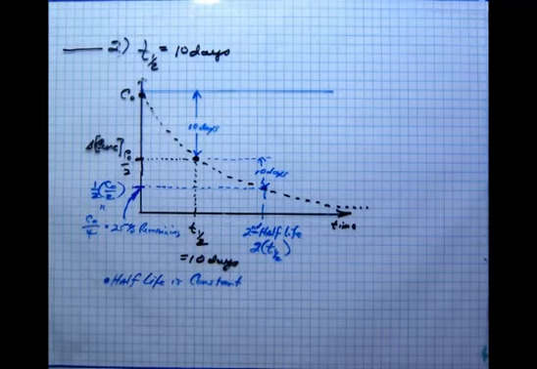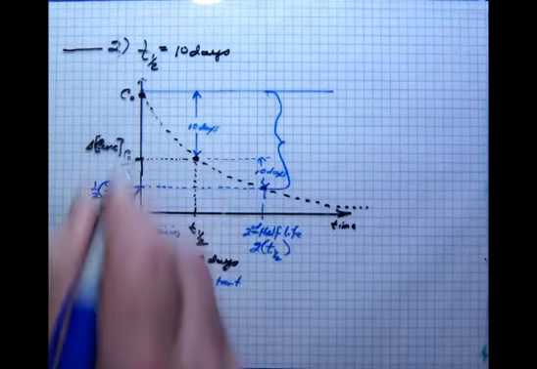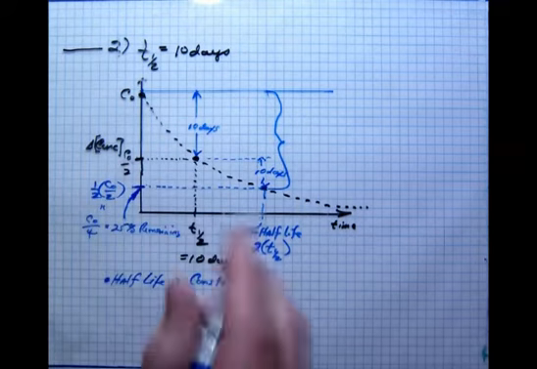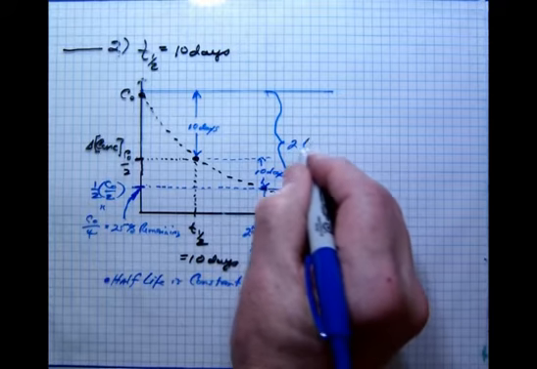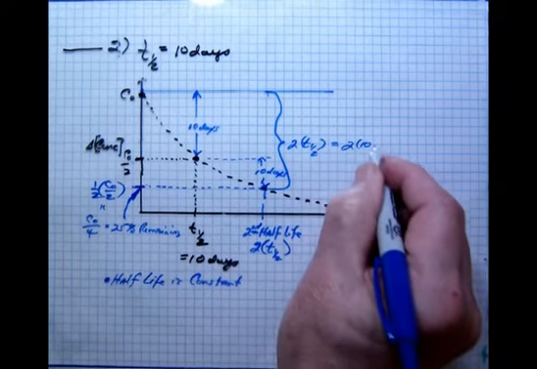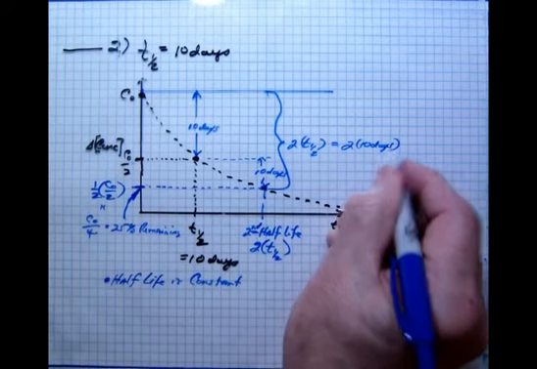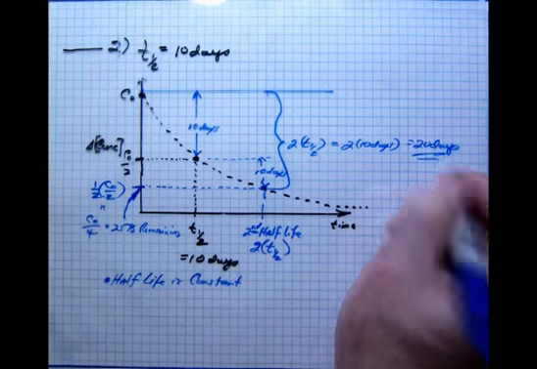But the total from start initial concentration to 25% remaining is 2 half-lives, which is equal to 2 times 10 days, and of course 20 days.